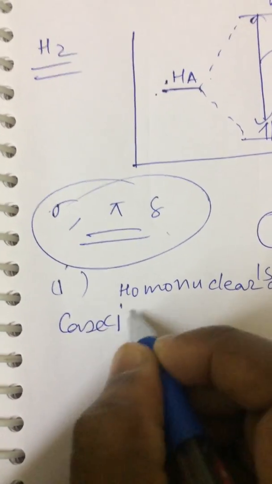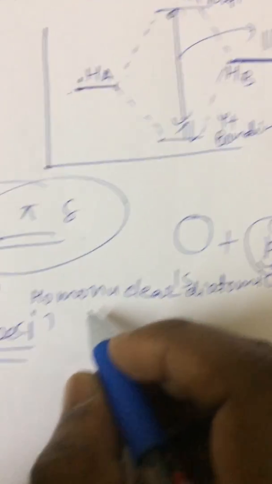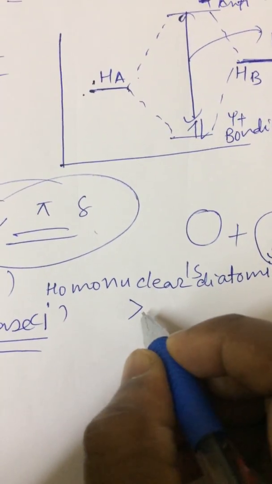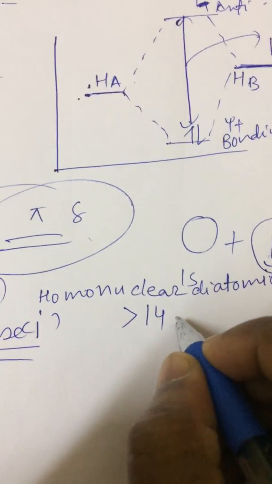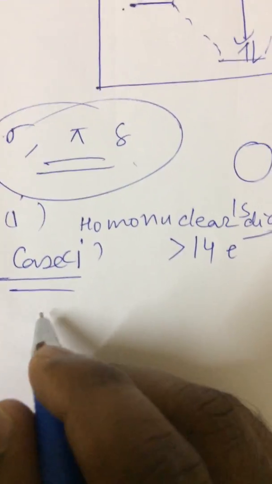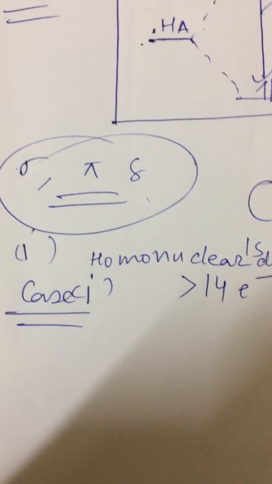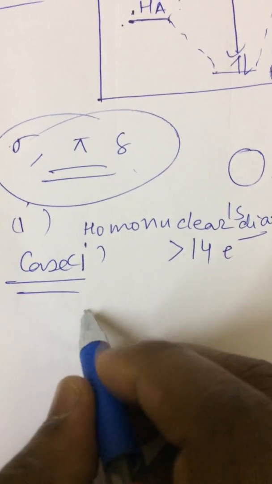First case: if the total valence electrons of these molecules are more than 14, then how do we fill the electrons in the orbitals?